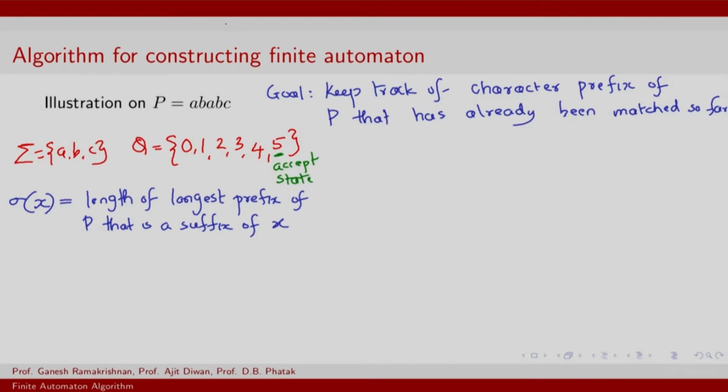Well, this X is what has been matched so far already in the automaton. X is a sequence of characters already matched in the automaton.